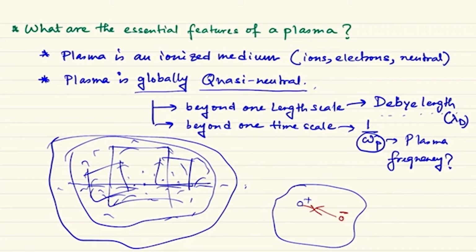But if it is hindered by another negative ion, let's say, then what happens? These two will act by a stronger Coulombic attraction force because this is closer to this, and this one will be a bit farther.